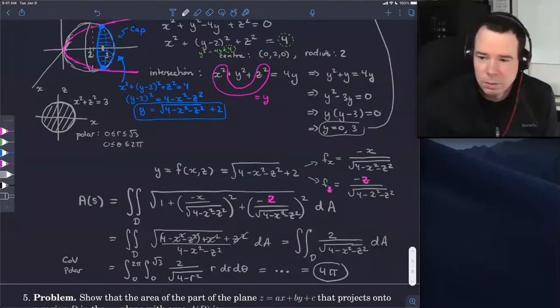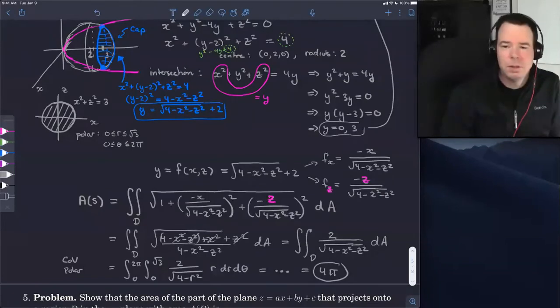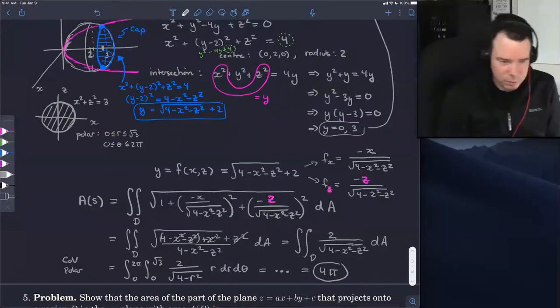In this case, we had to change our perspective and look at y as a function of x and z, but everything follows through as usual. We're just integrating over a boundary in the xz plane of particular y values.